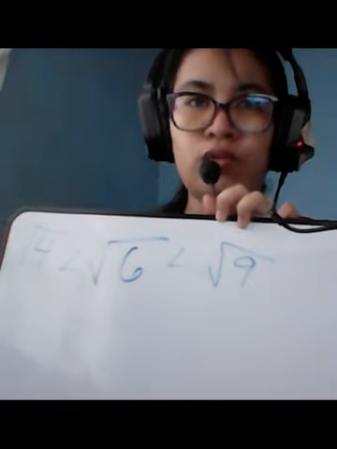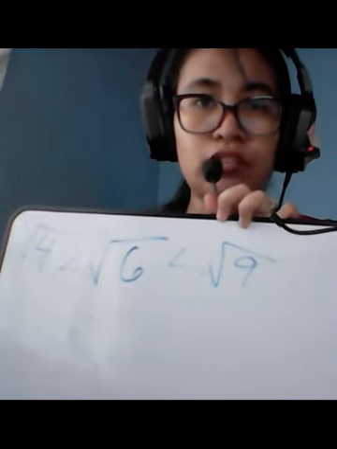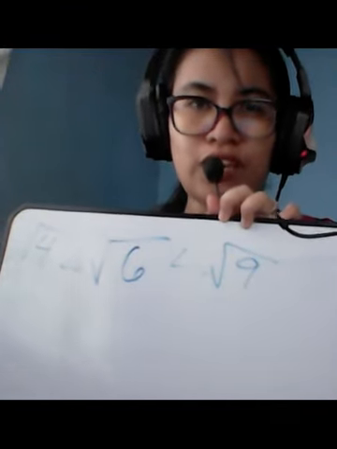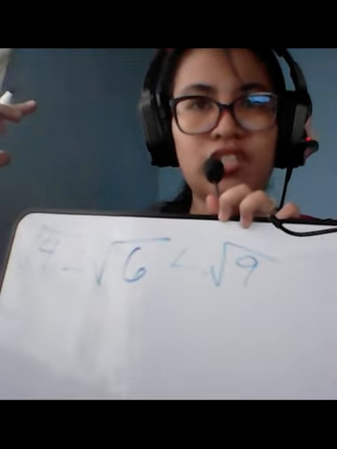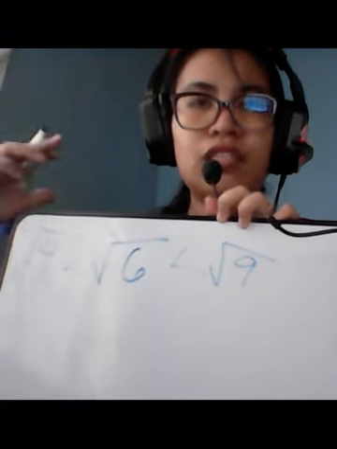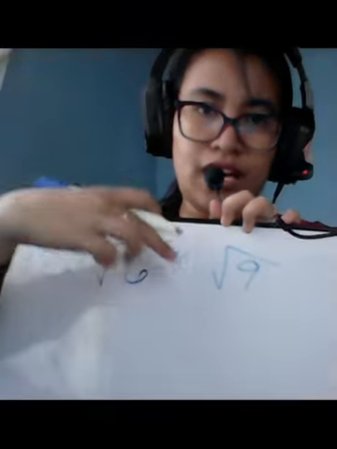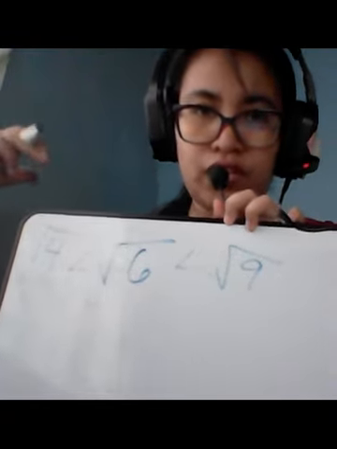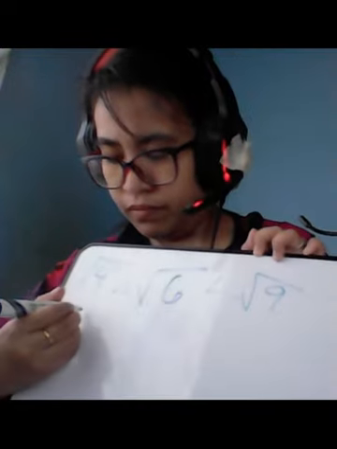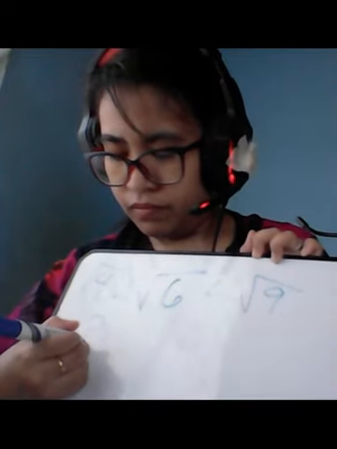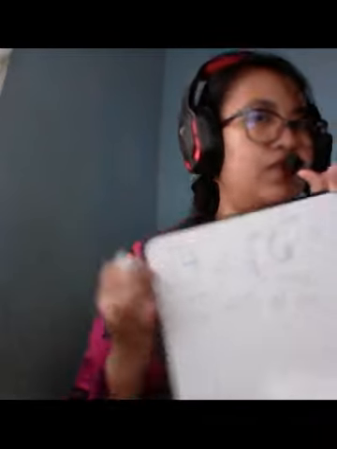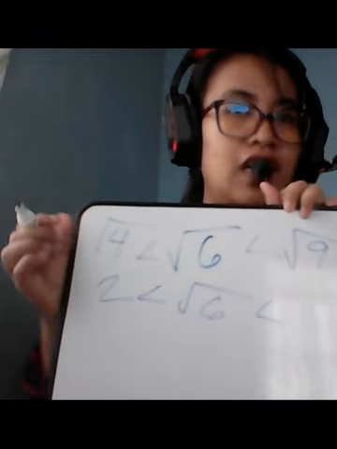This time, since the only question asked is to determine between which two consecutive integers, we just need to find the square roots of 4 and 9. So the square root of 4 is 2. And the square root of 9 is 3.